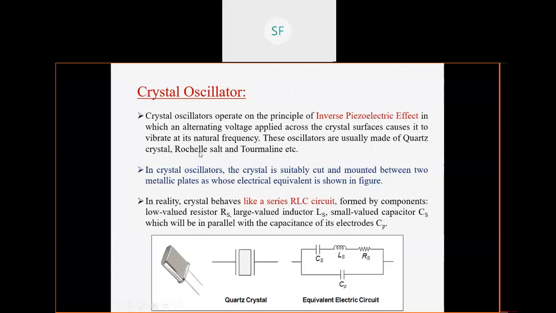And the disadvantage of tourmaline? Though it has maximum strength, its piezoelectric property is poor. So we have chosen the intermediate material, which has medium strength and medium piezoelectric property as well.